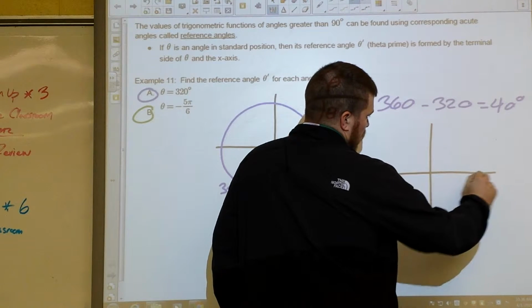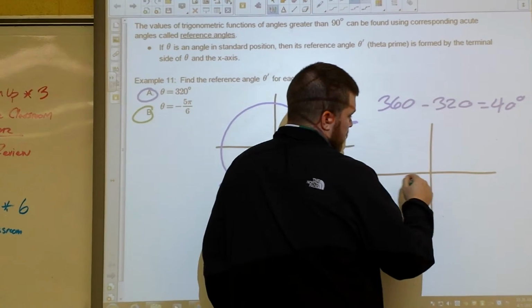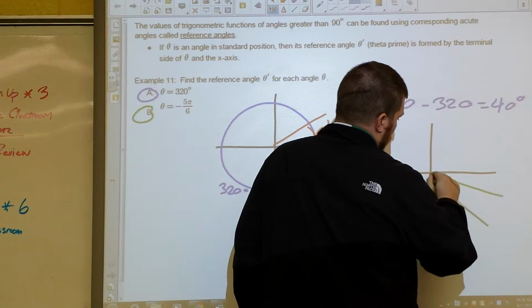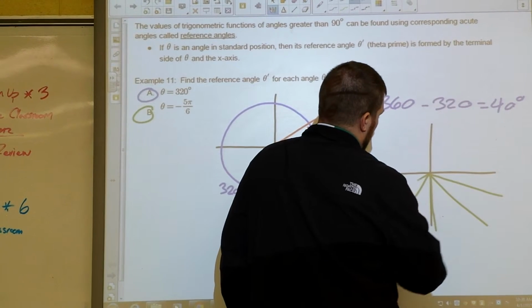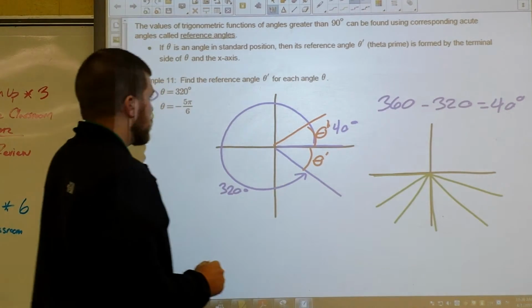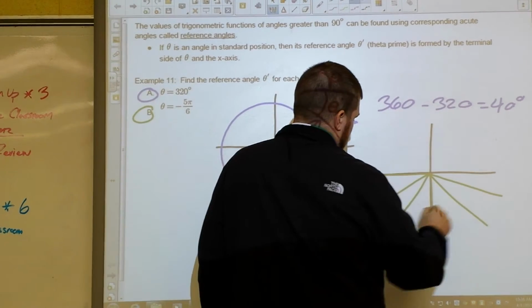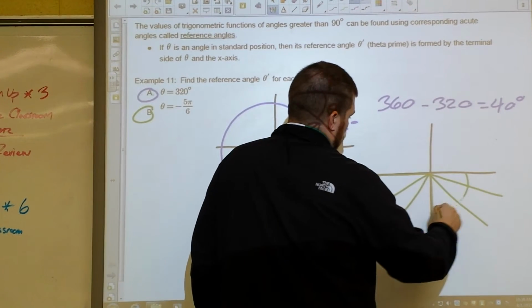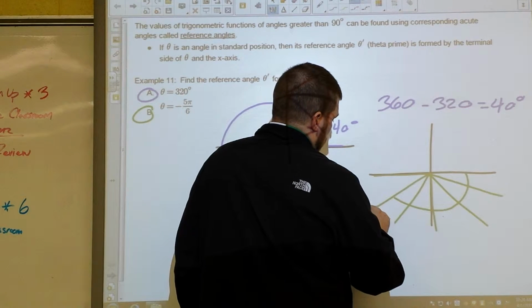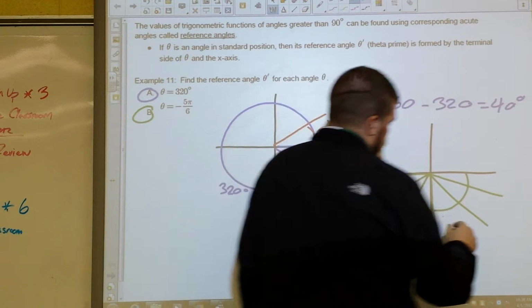I need to divide one half of my circle up into 6 slices. So I have 1, 2, 3, 4, 5, 6. And I want negative 5 over 6, so negative 5 pi over 6 is right here.